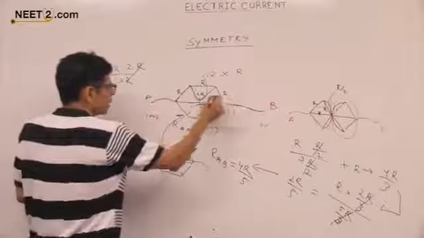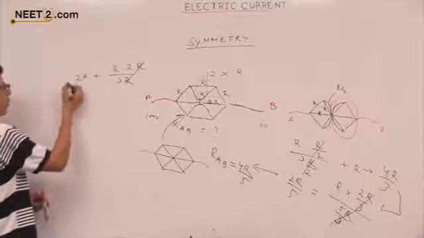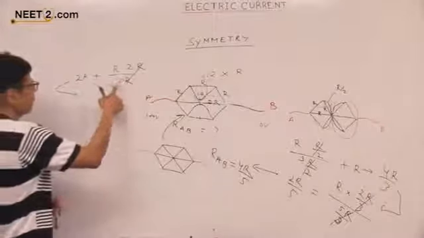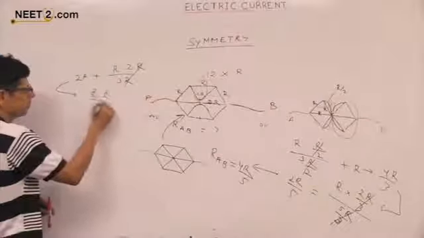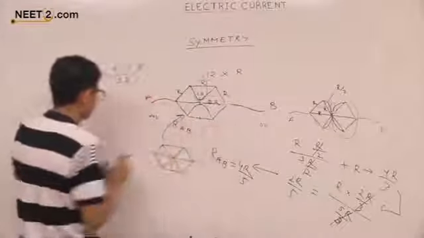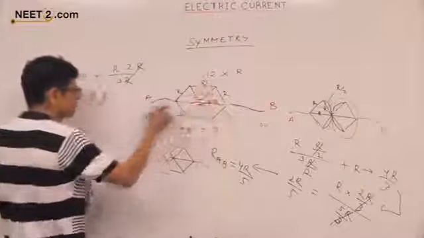So the overall upper thing, let's compute its resistance. How much is that? That's equal to 6R and 2R, 8R by 3. Now this upper is 8R by 3, so is the lower part. So two resistances in parallel.